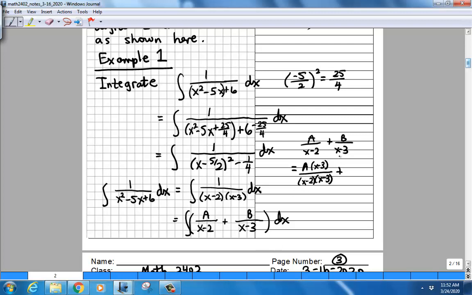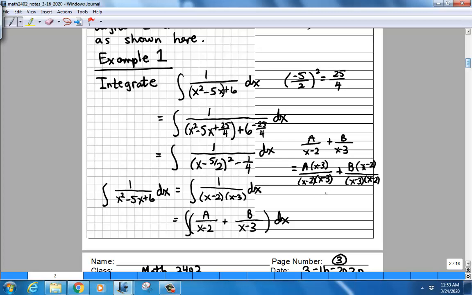Plus, and now same thing with this fraction. You need a common denominator of x minus 2 times x minus 3. So you'll multiply top and bottom by, not x minus 3, but in this case x minus 2. So you would get here, in the bottom, x minus 3 times x minus 2.